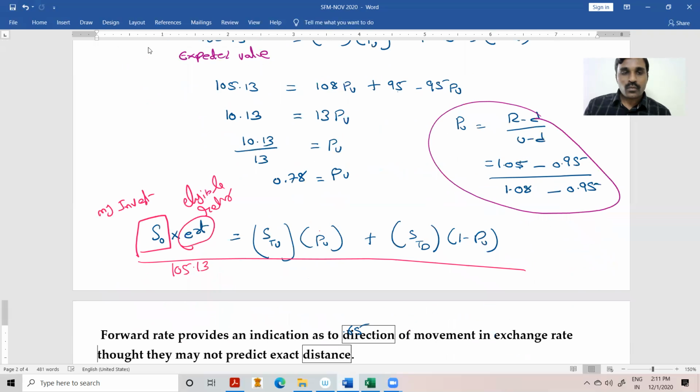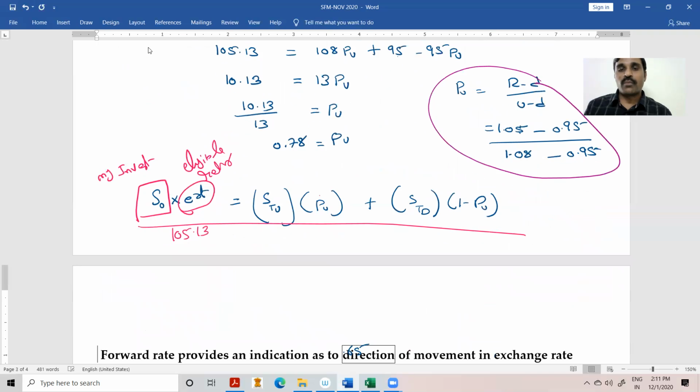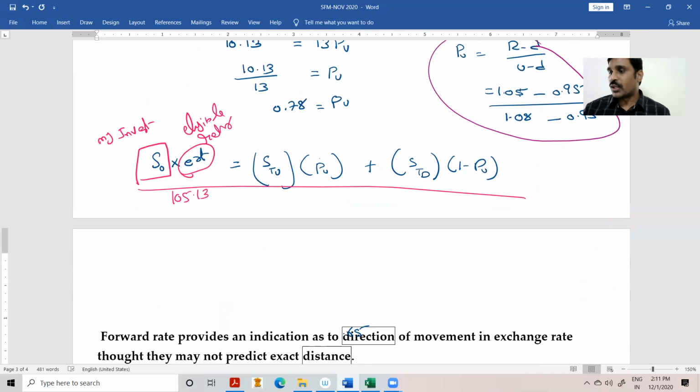Okay, right. So from this we can derive the PU. S0 into e to the power of RT, now we have to take it as P0. So S0 into STU into PU, you have to multiply this, plus STD into 1 minus PU.